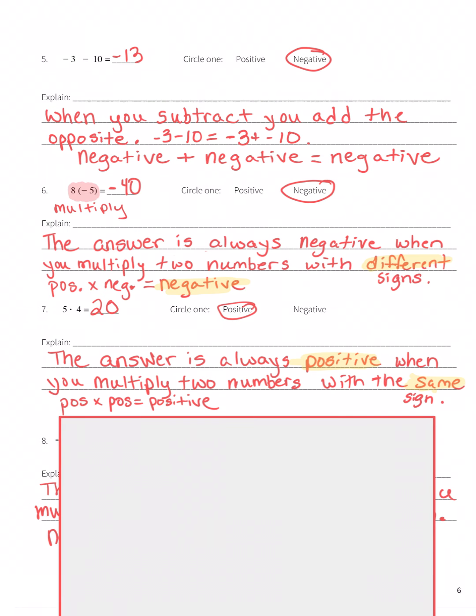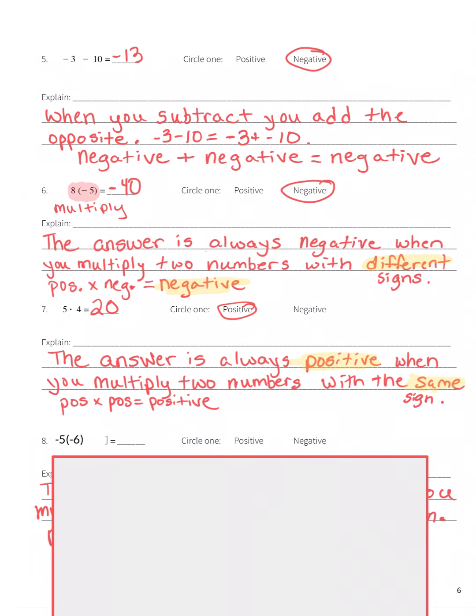And our last problem, here we go. We have -5 times -6. Remember, this means to multiply. -5 times -6 is equal to positive 30. So my answer is positive. And why is it positive?